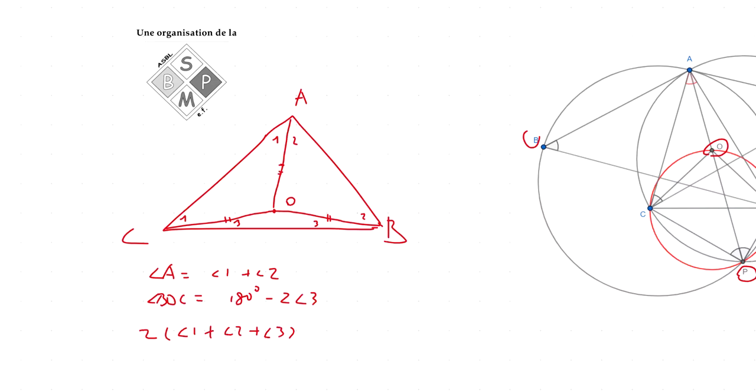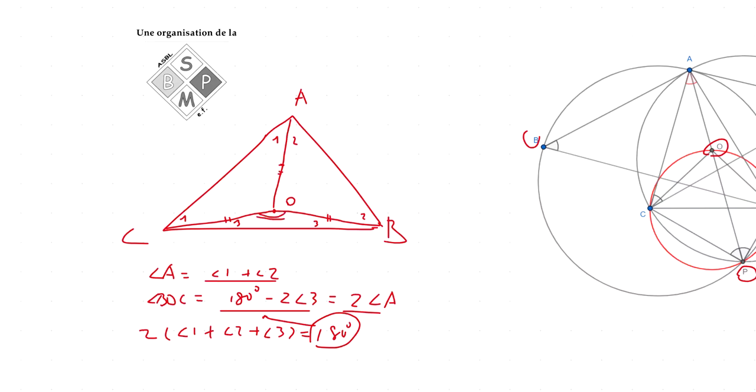So by this, BOC is 180 minus 2 times angle 3, which is actually 2 times angle A, because it's easy to substitute into the equation, and we find 2 times (angle 1 plus angle 2), which is 2 times angle A. So that means this angle is always twice angle A.